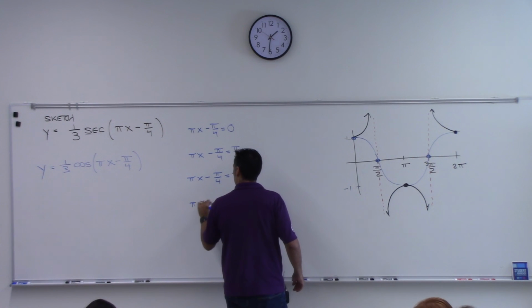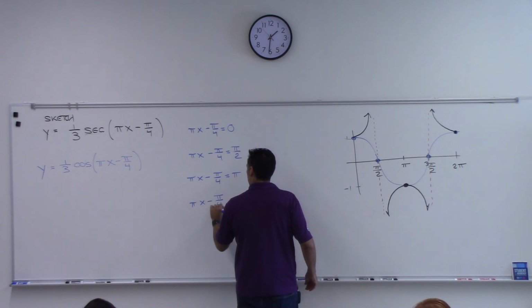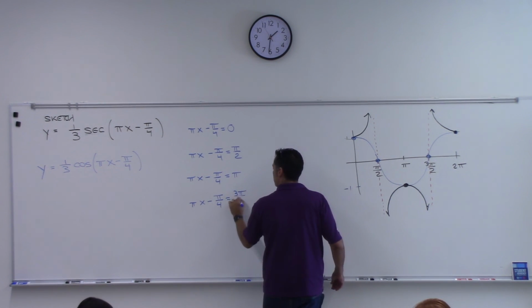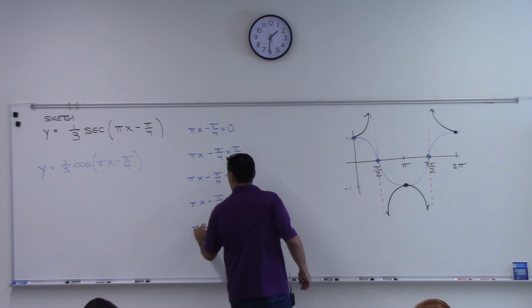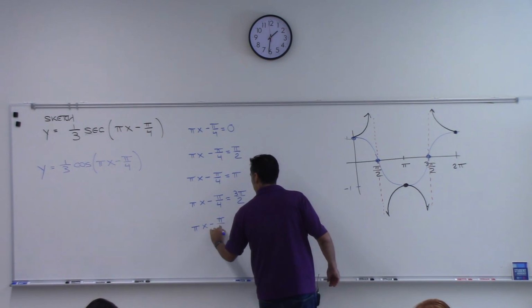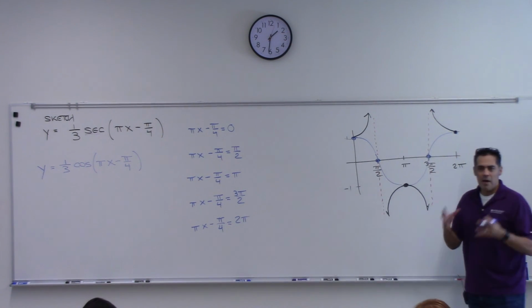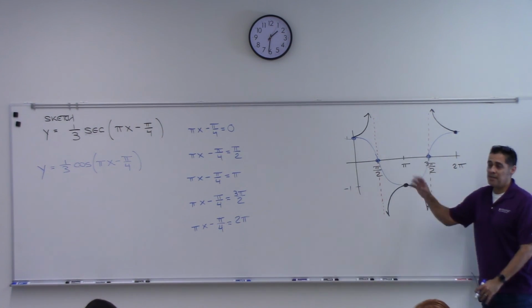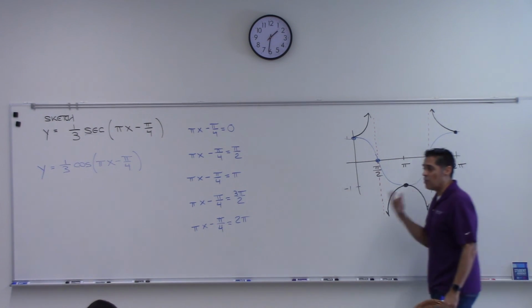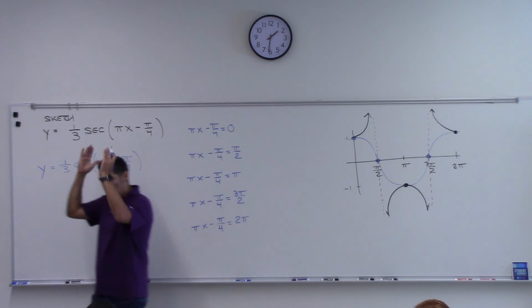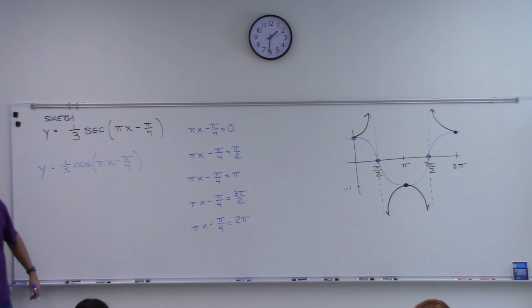Pi x minus pi over 4 equals 3 pi over 2. Pi x minus pi over 4 equals 2 pi. I'm going to find my 5 important numbers. That's going to help me draw my cosine. Once I draw my cosine, I'm going to draw vertical asymptotes, then I'm going to draw these little u's.